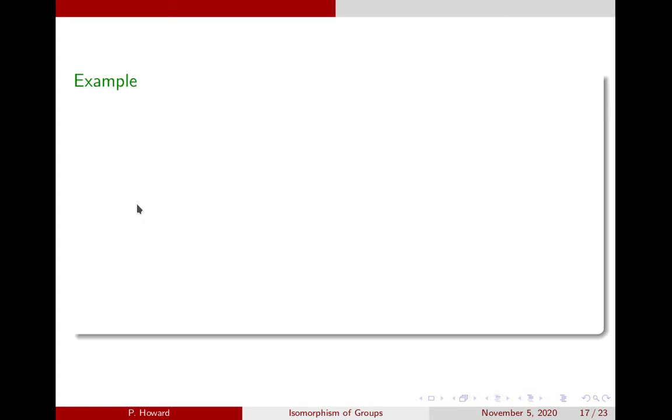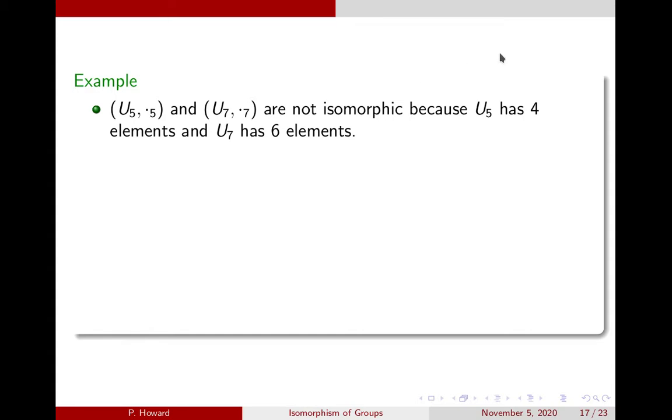Okay, let's try a few examples. Here's an example of two non-isomorphic groups, U sub 5 and U sub 7. Why are they not isomorphic? U sub 5 has 4 elements, the numbers 1, 2, 3, and 4.